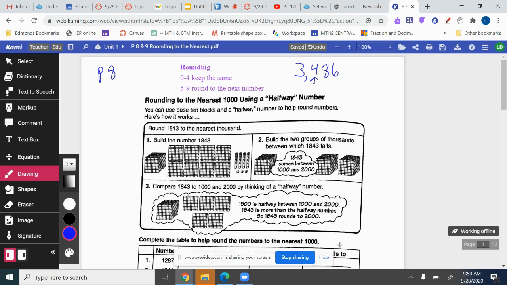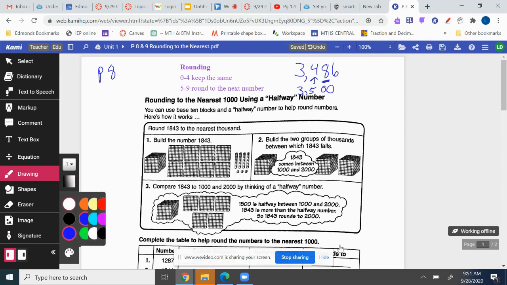This is the number they say they want me to round to. So that means I look at the next door neighbor. I'm going to look at this number. Because my number is between 5 and 9, this means that the 4 is going to go up. So it's going to be 3,500, and then everything else changes to zeros.